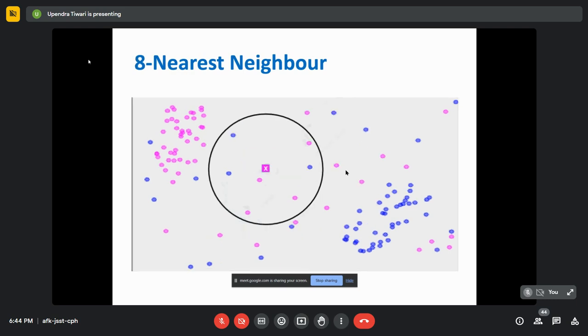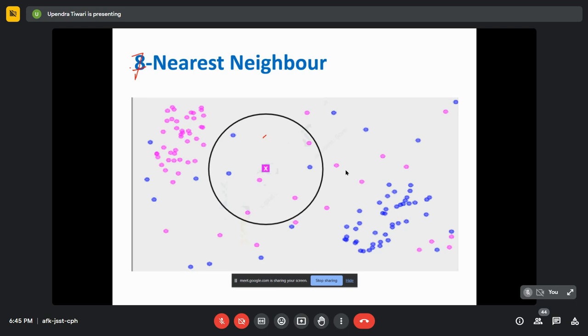Again, it should be 7 nearest, not 8 nearest, because we have taken 7 data points. Now we are trying to predict an input on the basis of the 7 nearest neighbors. That means we find the distance of this new data point to all the data points, take the 7 data points nearest to this new input, and then out of the 7 we find where the majority is. So in this case, out of the 7, 4 belong to the pink class and 3 belong to the blue class.